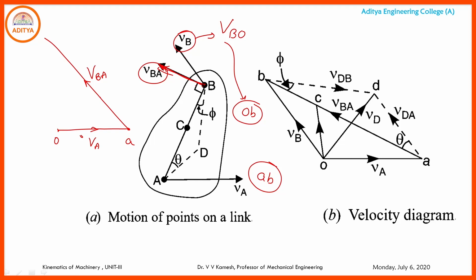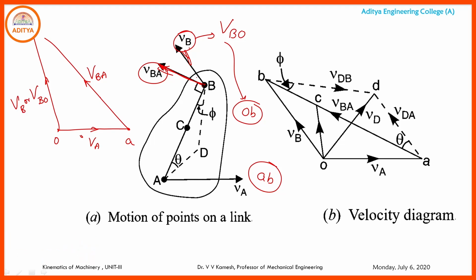B is simply not known to us, so again I need to draw OB in the direction parallel to the given direction OB. So I am targeting it; try to draw OB in this direction. So take this direction and draw a line. This is in the direction VBO or VB.